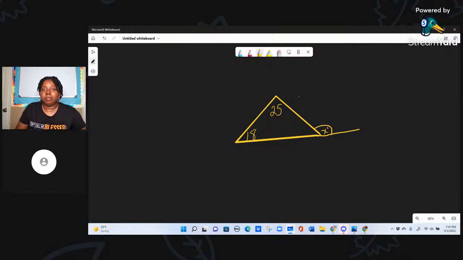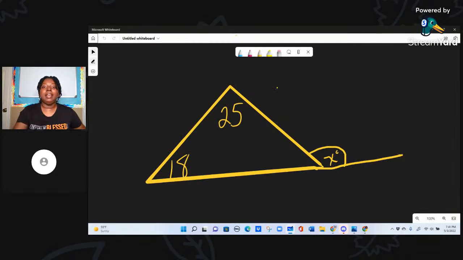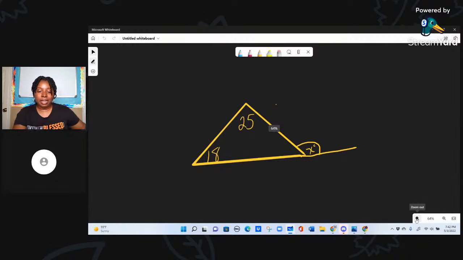They're congruent. Okay, so they're not equal, right? Okay, so 3 angles in a triangle all add up to what? 180. Good.